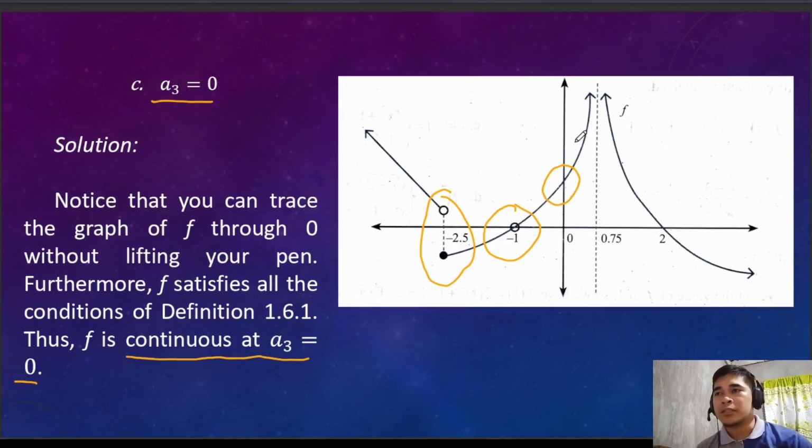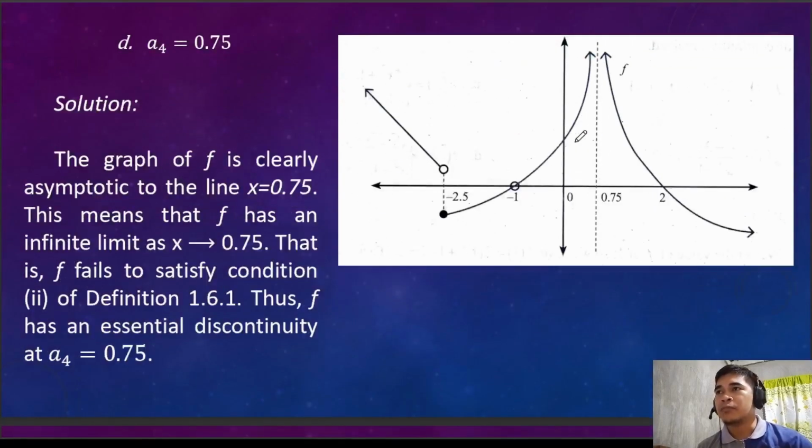How about letter D? A sub 4 equals 0.75 here. So we have the asymptote. This is what we call the asymptotic to the line of x equals 0.75. So meaning that f has an infinite limit as x approaches 0.75.